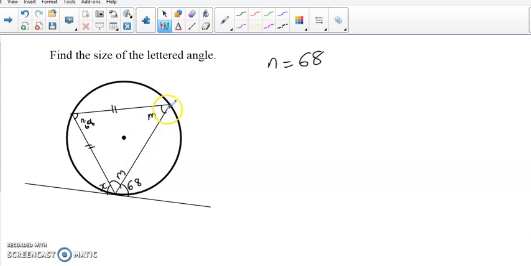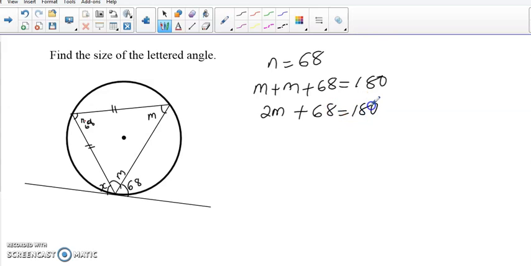So m plus m plus 68 is equal to 180, sum of angles of a triangle. So we have 2m plus 68 is equal to 180.